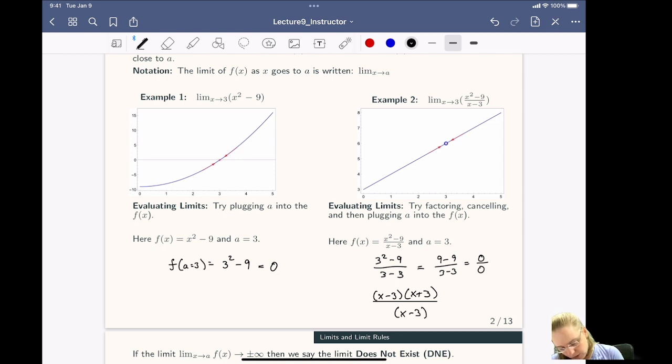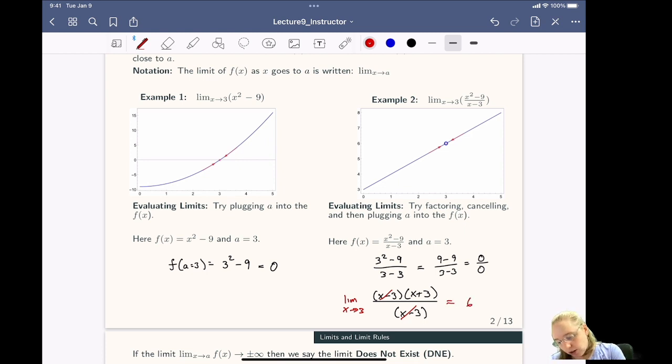If we do this division, we can now cancel this term and this term, and we want to take the limit as x goes to 3. So now we plug in the value of 3, and we simply get x plus 3, which is 3 plus 3, which is equal to 6.